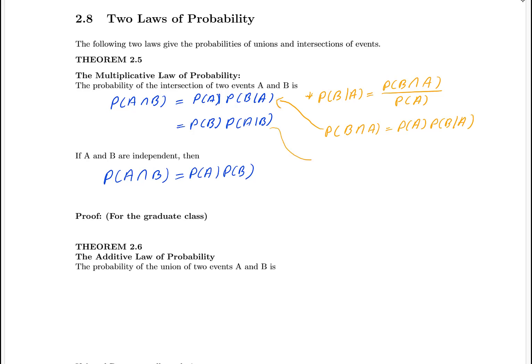And the next one you can have by considering probability of A given B. This equals probability of A intersection B divided by probability of B. Then multiply both sides by probability of B. Then you can have this one.